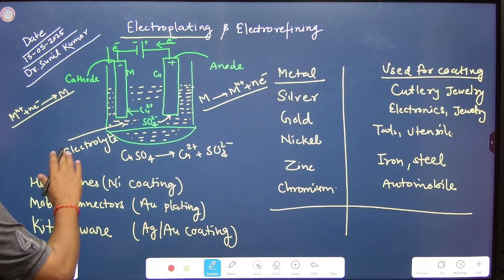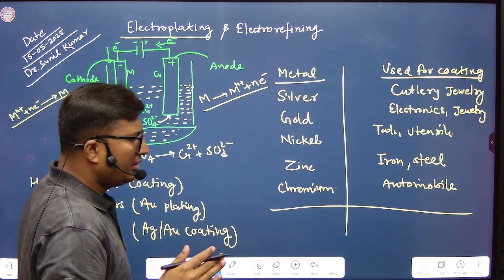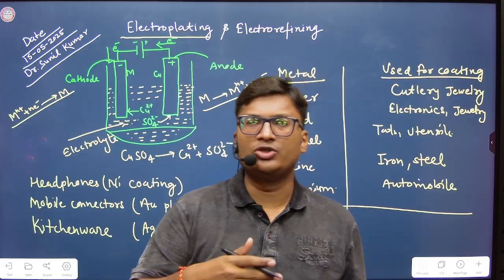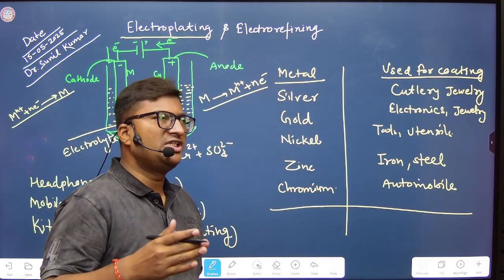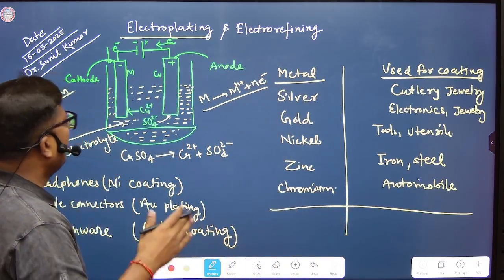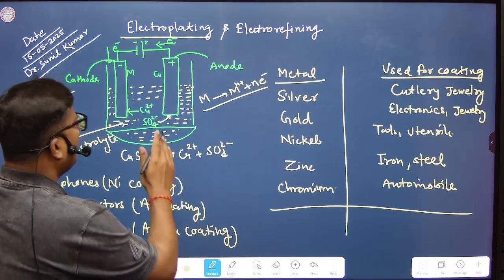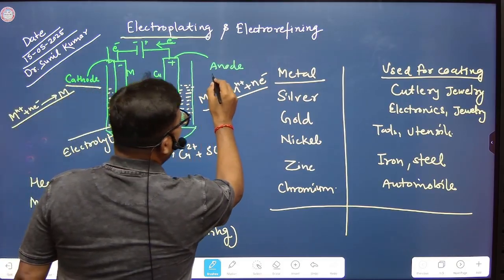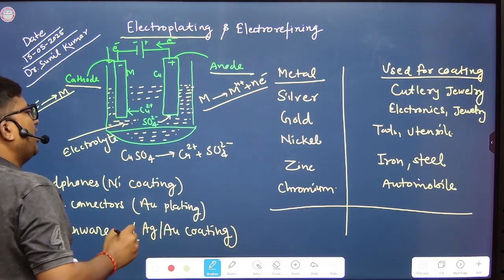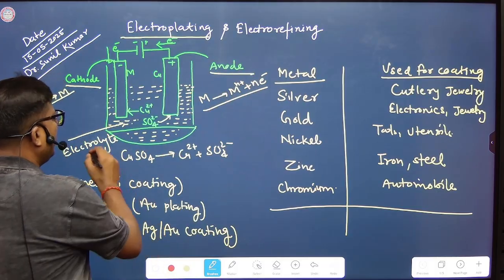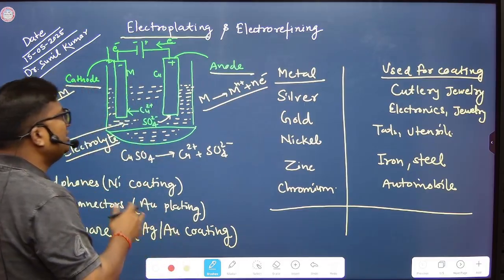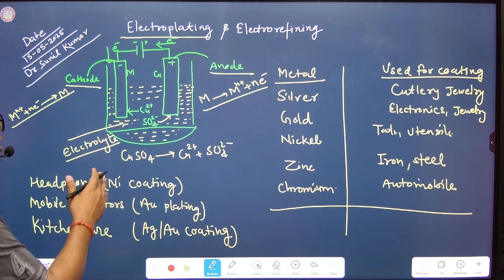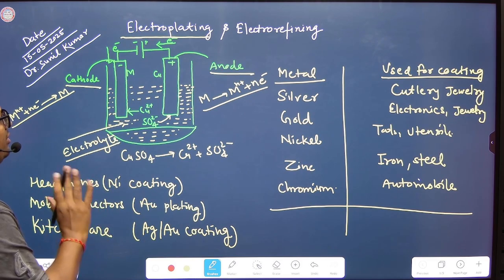Here three main components are required. As in the previous lecture, I gave an idea about the electrolytic cell, which contains a cathode, second an anode, and third an electrolyte. These are the three components required to construct the electrolytic cell, right?